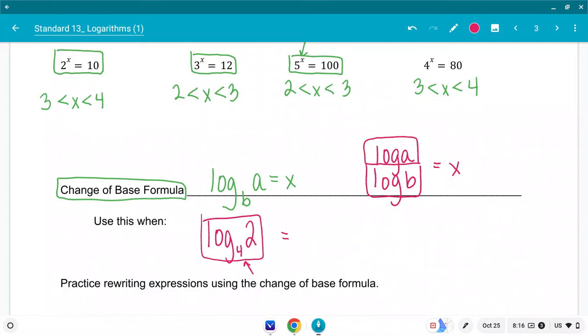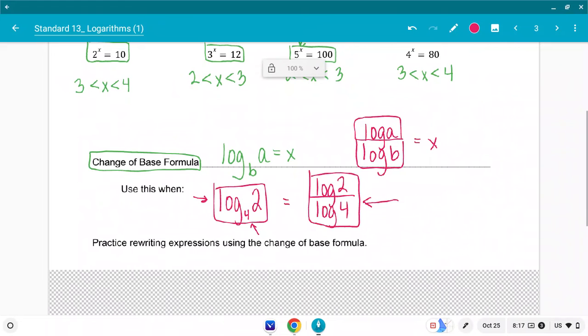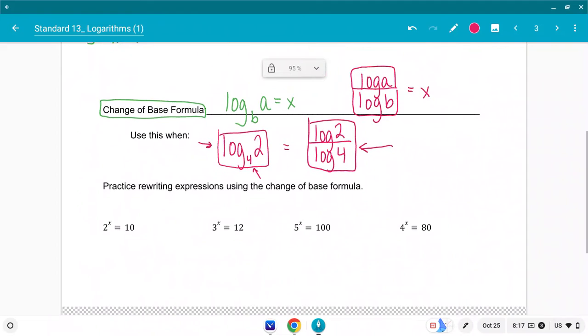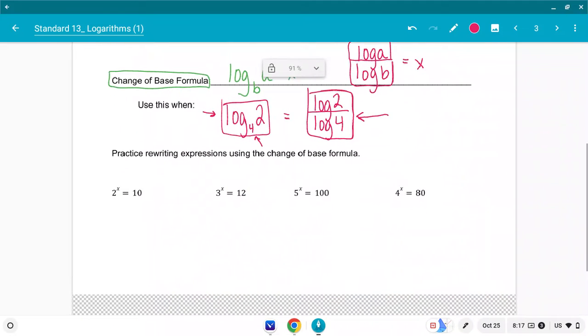But what I can type into my calculator is log 2 over log 4. Those two expressions are equal, and this is going to be what gets us our answer because we don't have the capabilities to type that in. Okay? So let's practice writing using change of base formula.